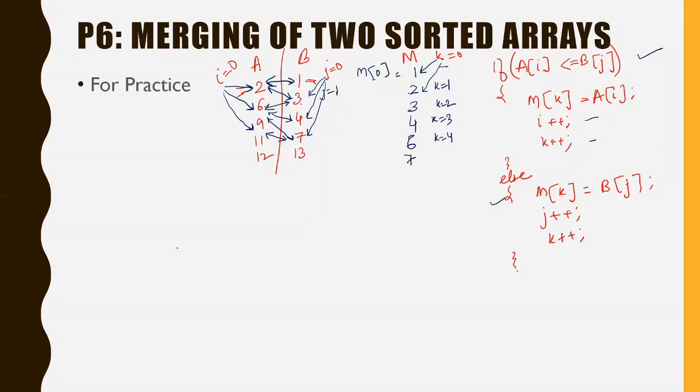Then 9 and 13 will get compared, so this will come as 9. Then 11 and 13 will be compared, so 11 will come here. Then 12 and 13 will be compared, so 12 will come here and 13 will come here last.